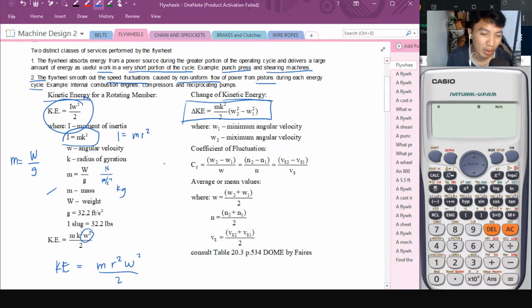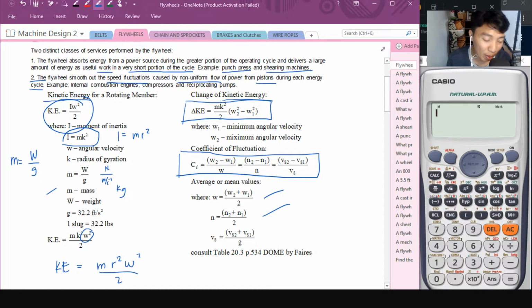Okay? The coefficient of fluctuation is given by this formula. Okay? So, omega final minus omega initial, divided by the average or the mean value of the angular velocity, angular speed, rotational speed in RPM.